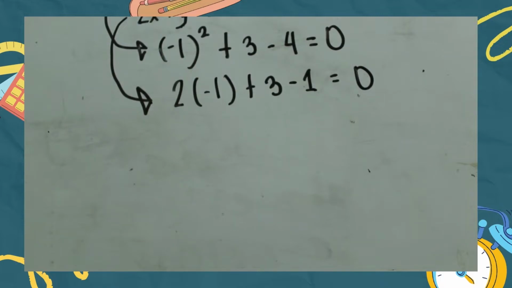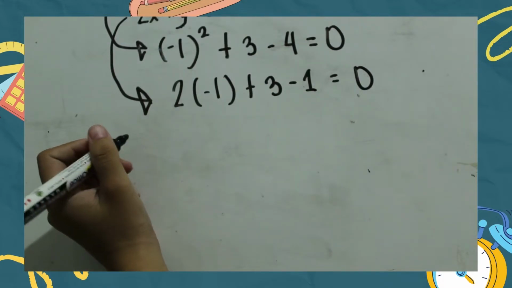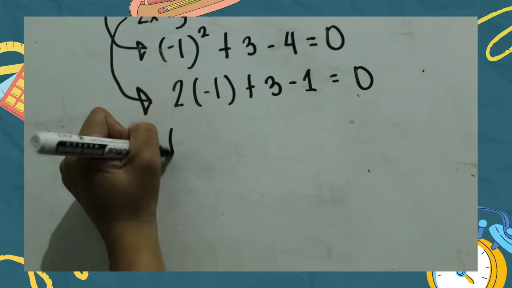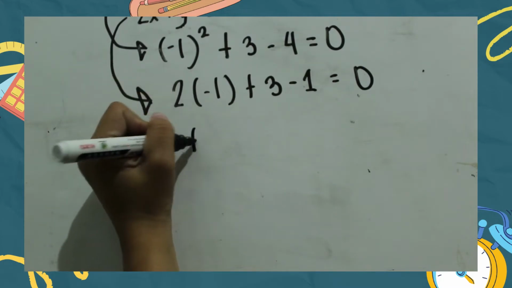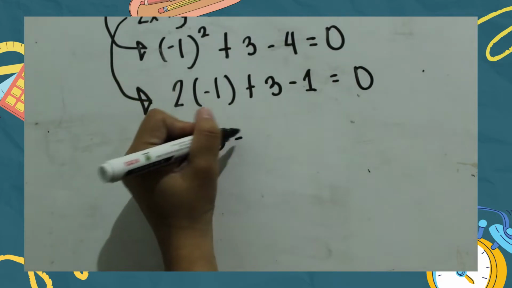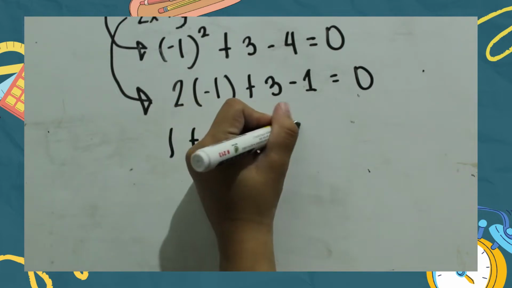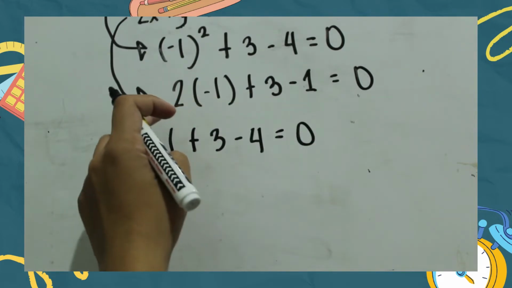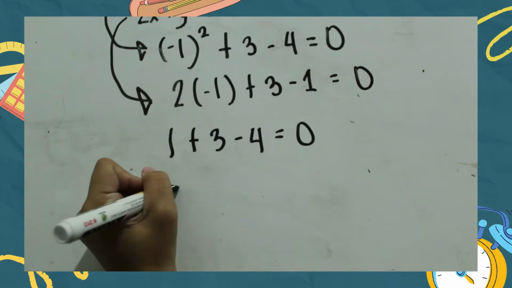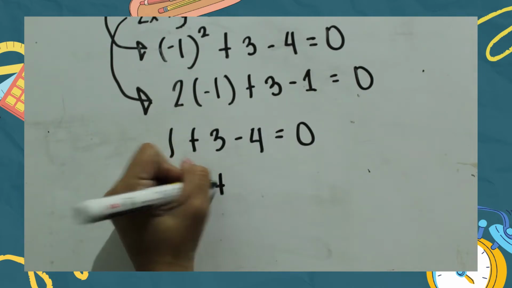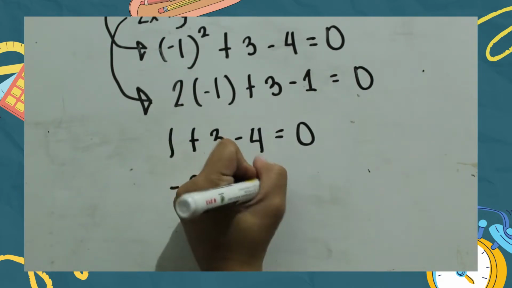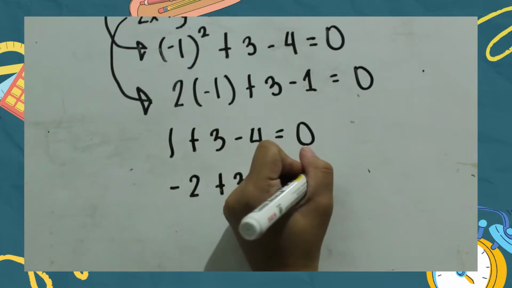So simplified: negative 1 squared, that will be positive 1, plus 3 minus 4 is equal to 0. And 2 times negative 1, that will be negative 2 plus 3 minus 1 is equal to 0.